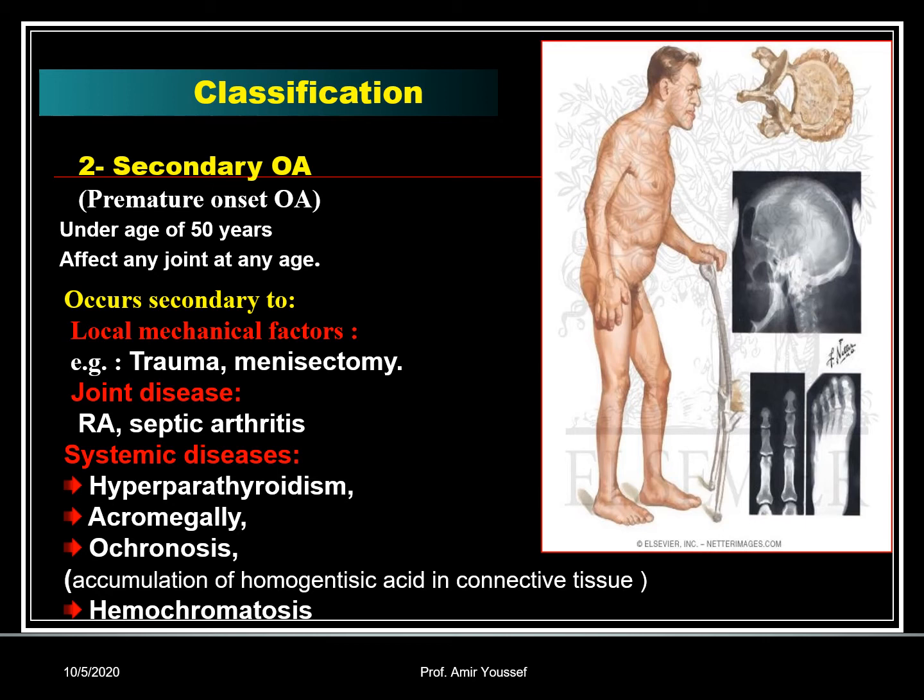It occurs secondary to local mechanical factors such as trauma or meniscectomy, joint disease such as rheumatoid arthritis and septic arthritis, systemic diseases such as hyperparathyroidism, acromegaly, as you see here, ochronosis, which is accumulation of homogentisic acid in connective tissue of the patient. Hemochromatosis is deposition of iron in the connective tissue and joints, causing secondary osteoarthritis.